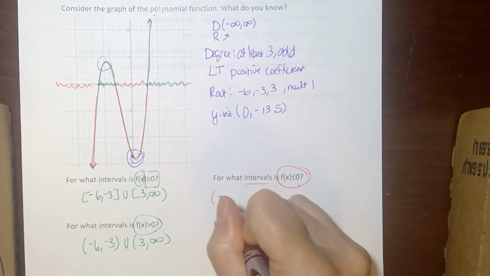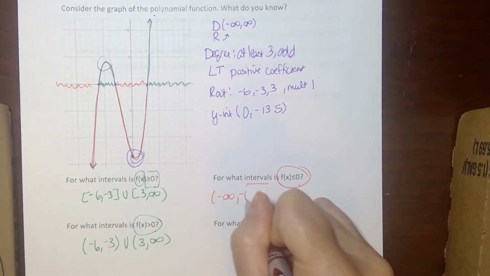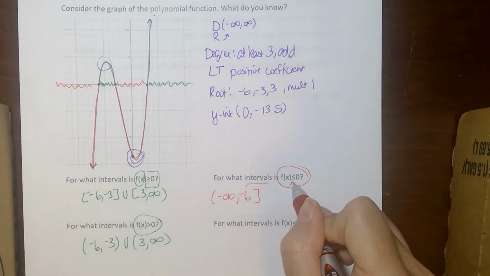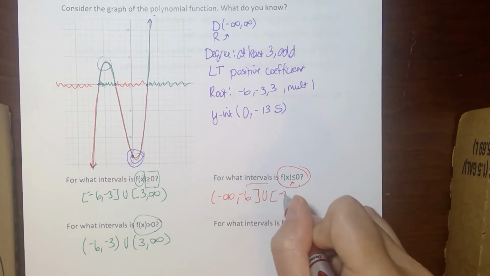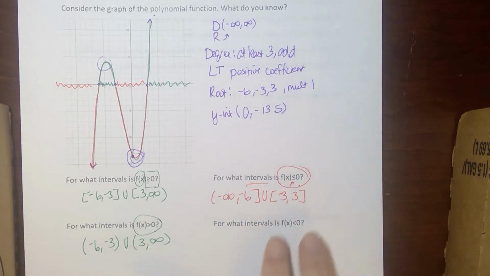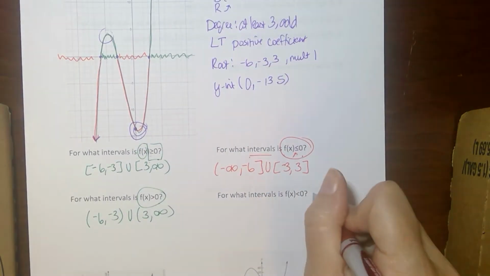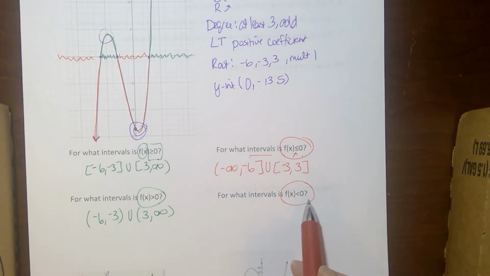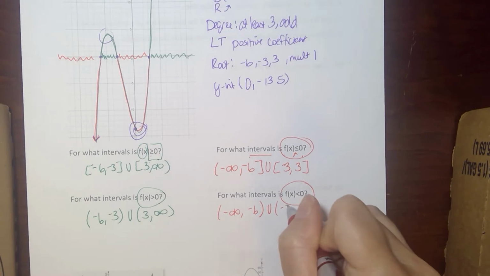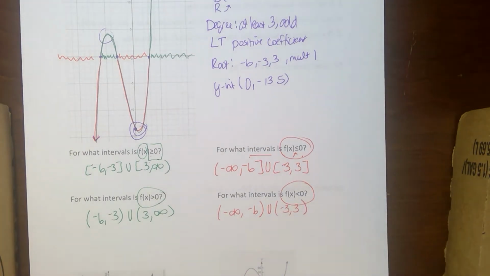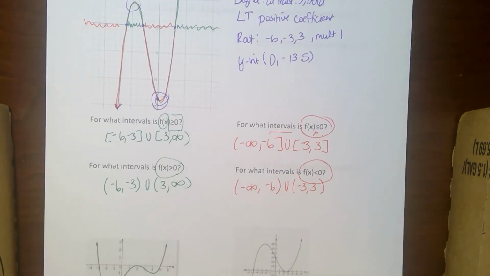So my intervals are -infinity up to -6 inclusive, because it's or equal to, or -3 to +3, both of those inclusive, because that's where my function values are equal to 0. And then what if I take away that or equal to? Well, I've got the same intervals, just not inclusive. So I use parentheses instead of square brackets.